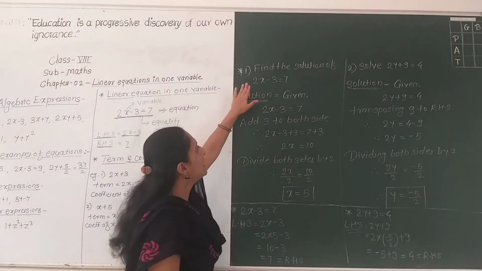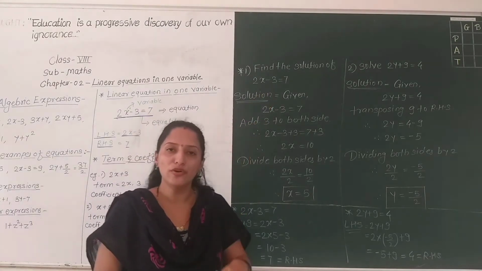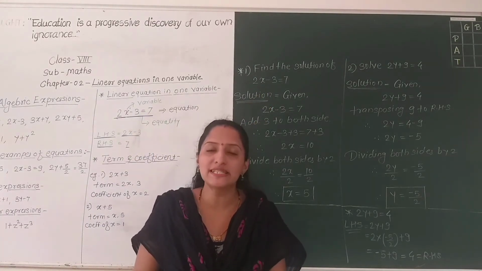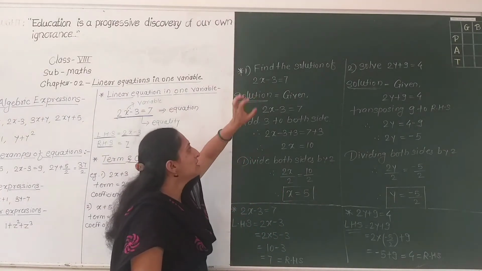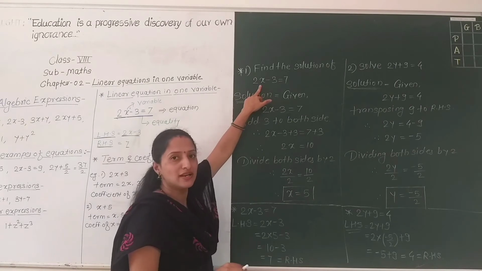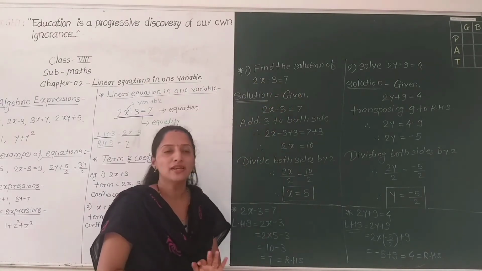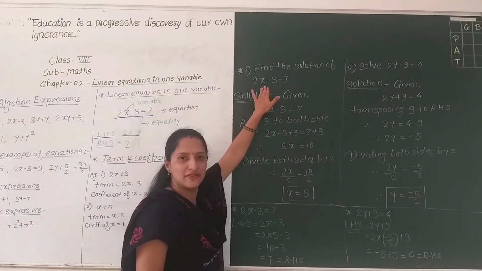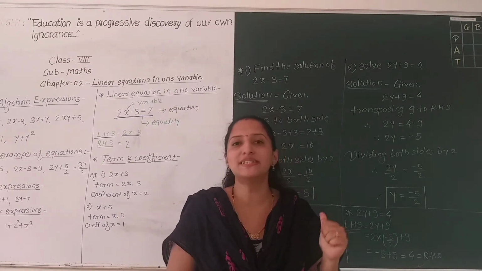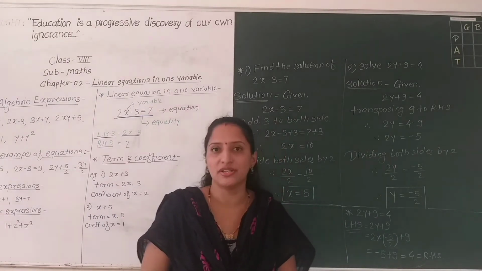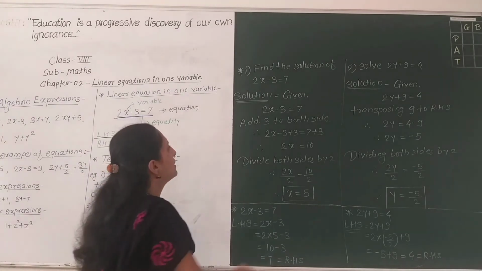We have to find the solution of this equation. That means we want to find the value of x which satisfies this equation. If I substitute value of x here, then I get LHS is equal to RHS. Okay. So let us see how to find value of x here.